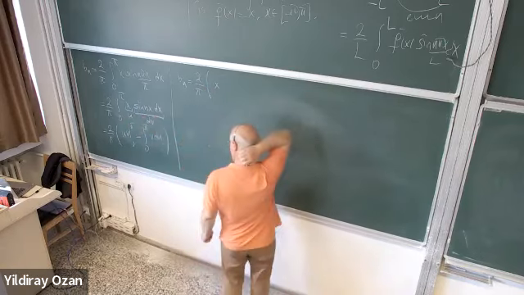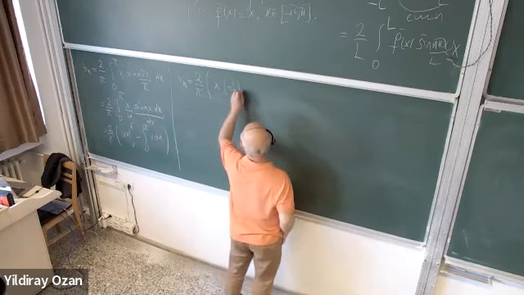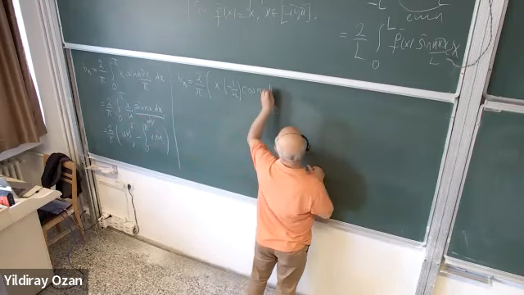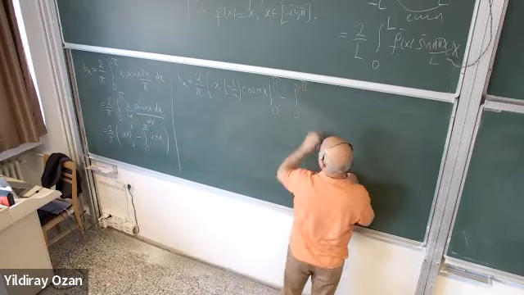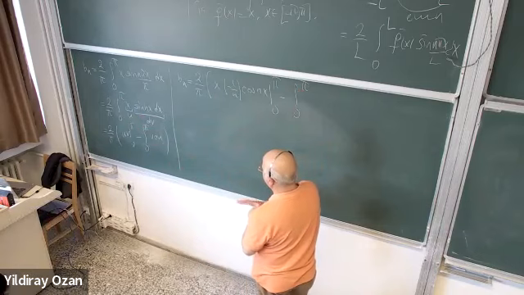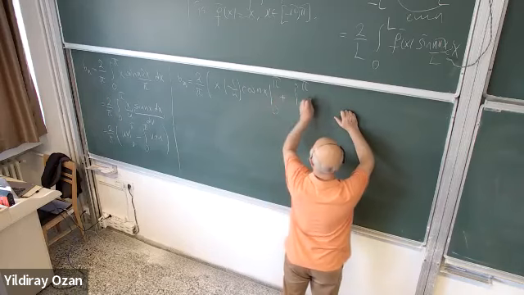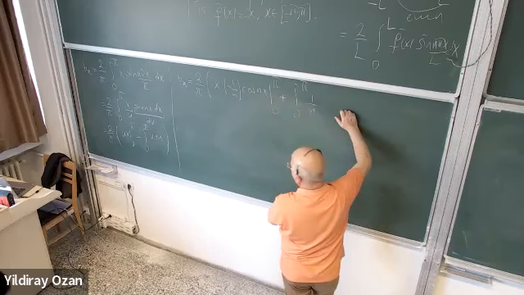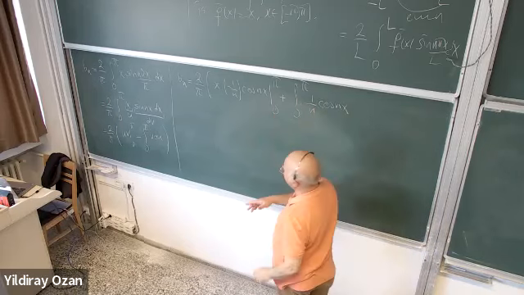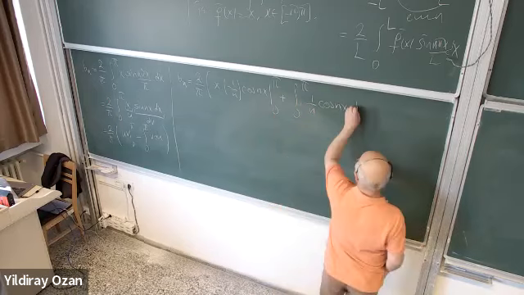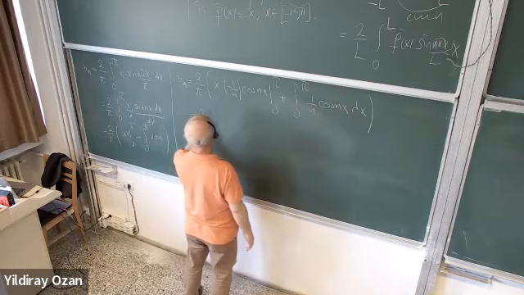The integral of sine nx is just minus 1 over n times cosine nx, from 0 to pi, minus the integral from 0 to pi of v du. V is just that, minus 1 over n cosine nx. So that will be just plus 1 over n cosine nx, and then du is just dx. Okay, so 2 over pi.